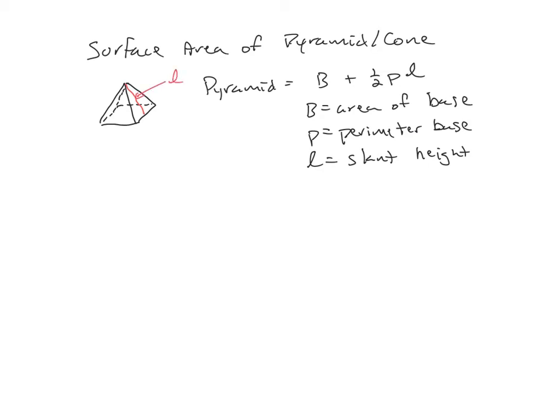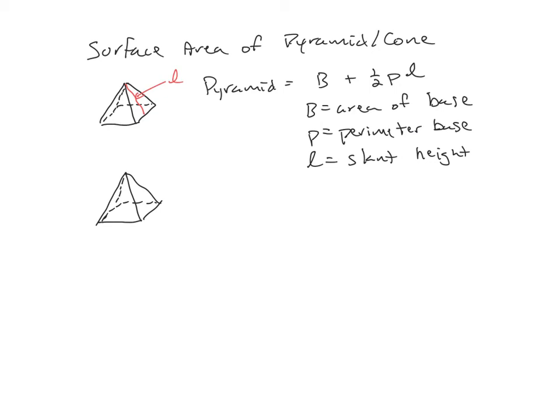Okay, the height of a pyramid is from the tip on the top going straight down. The slant height is on the side. Okay, so just a straightforward problem, without any weird tricks or anything.